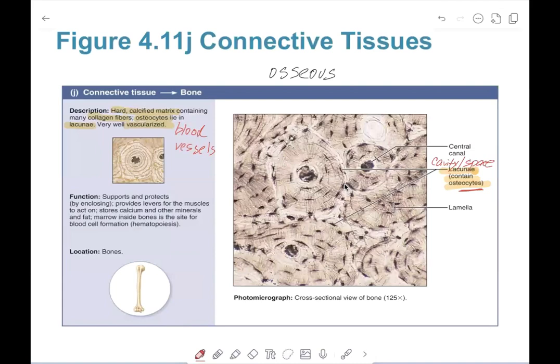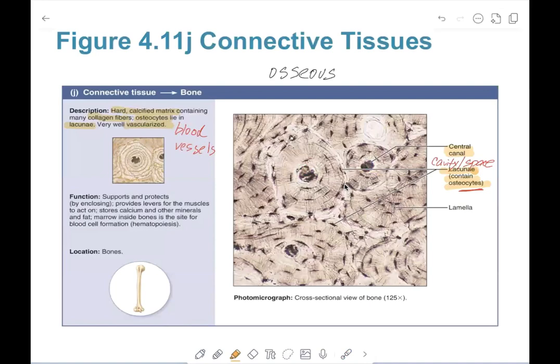So the structure of compact bone specifically is that it has this circular structure, and the circular structure always surrounds something called the central canal, which you can see here where it is labeled. And then there are rings that surround each central canal.